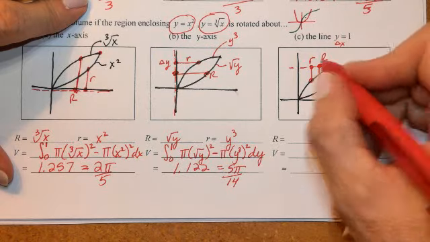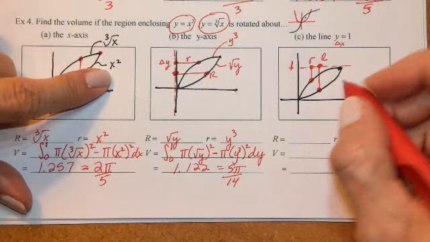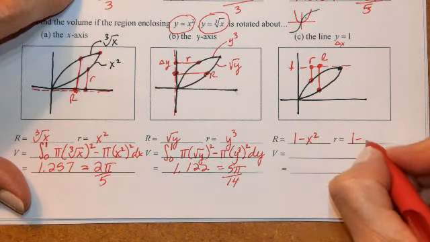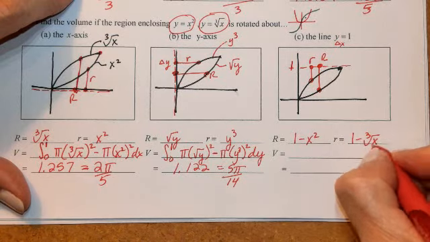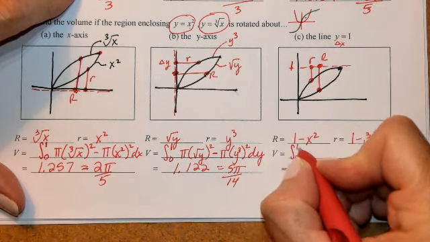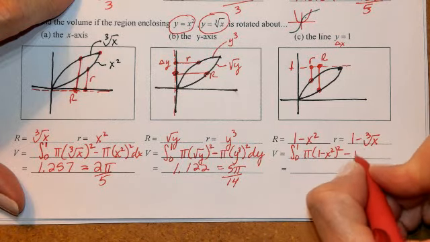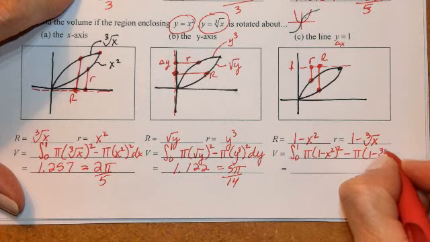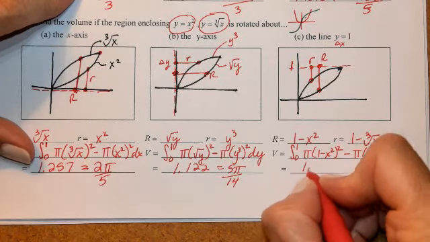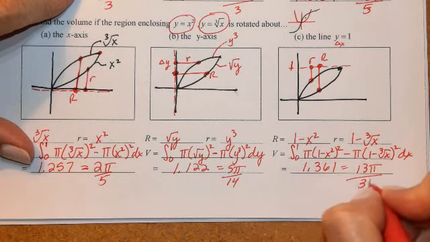Big R is 1 minus x squared. Little r is 1 minus the cube root of x. So our volume is the integral from 0 to 1, pi times big R squared minus pi times little r squared dx. This turns out to be 1.361, which is 13 pi over 30.